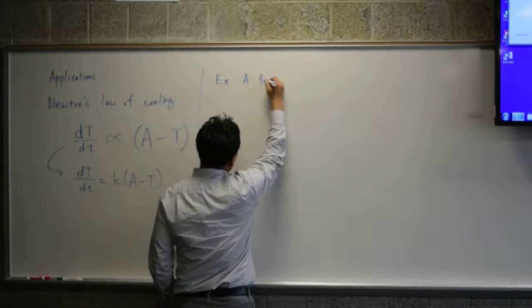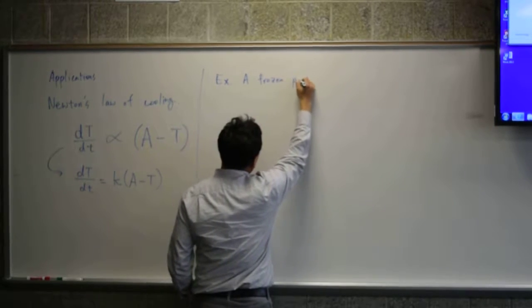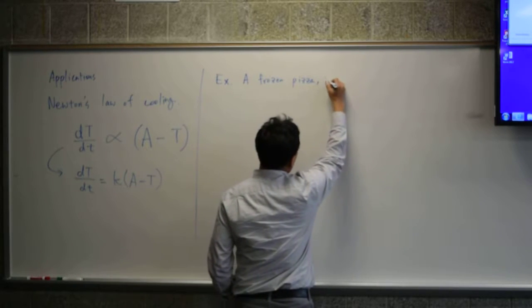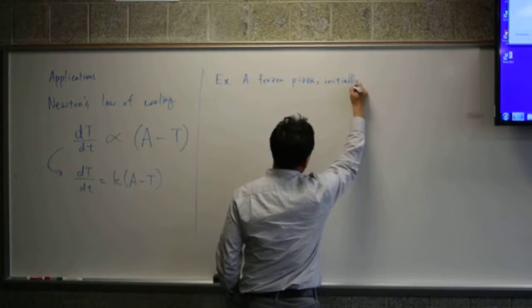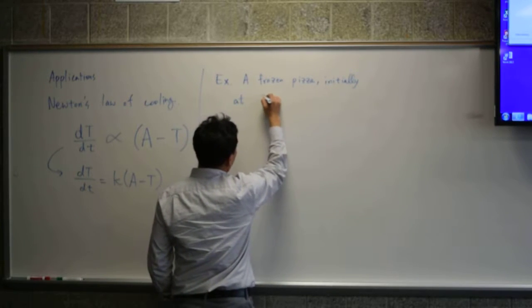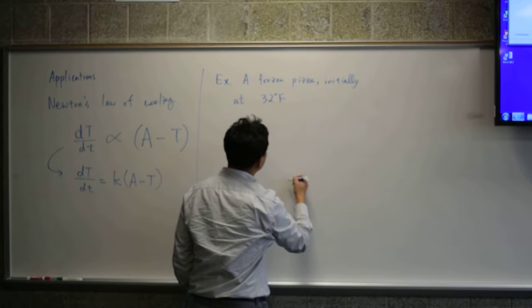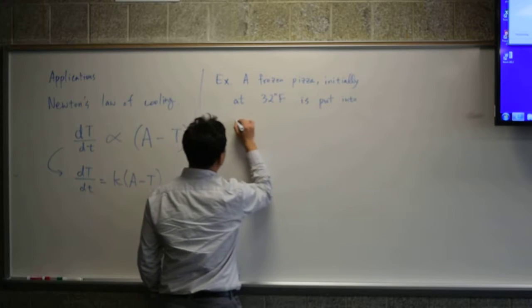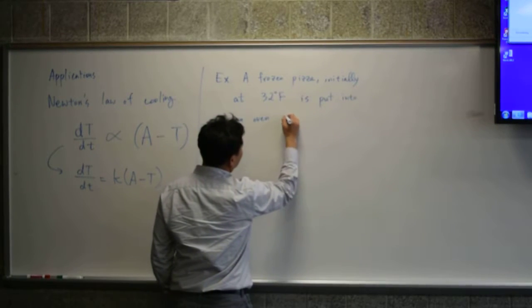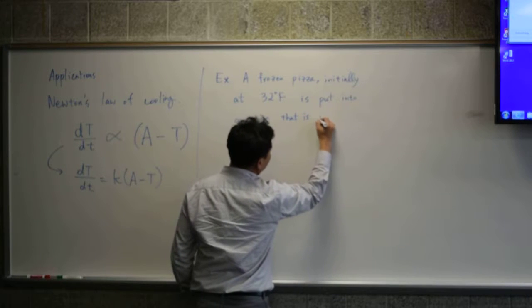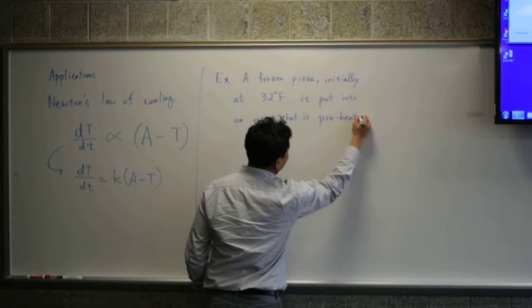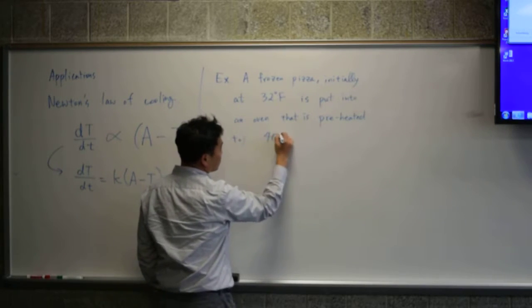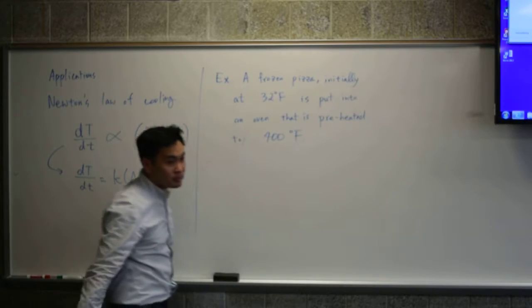A frozen pizza initially at 32 degrees Fahrenheit is put into an oven that is preheated to 400 degrees Fahrenheit. Okay?